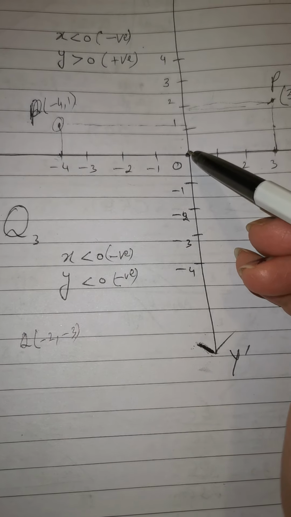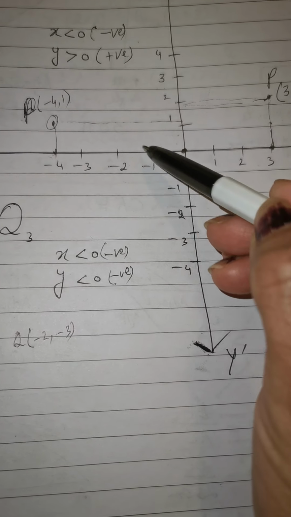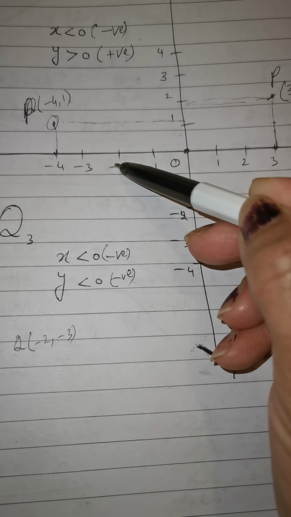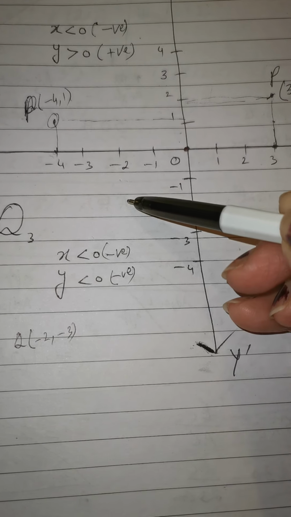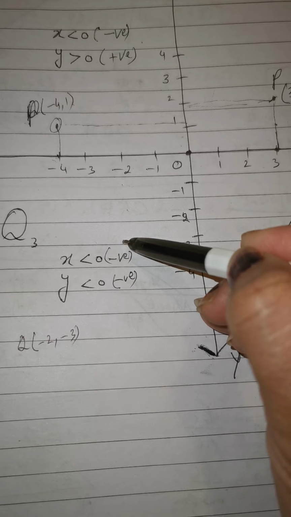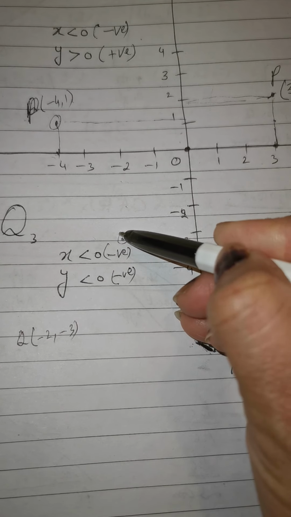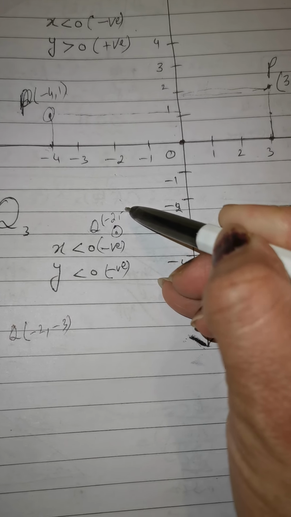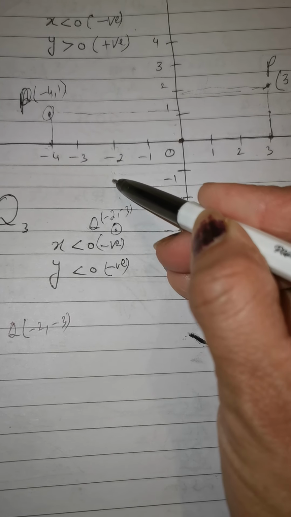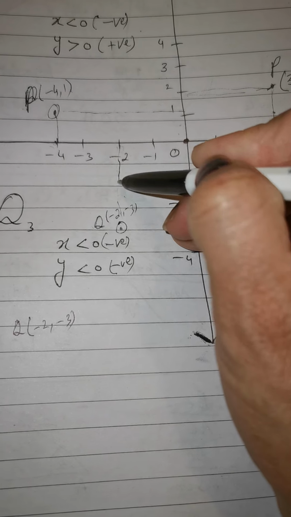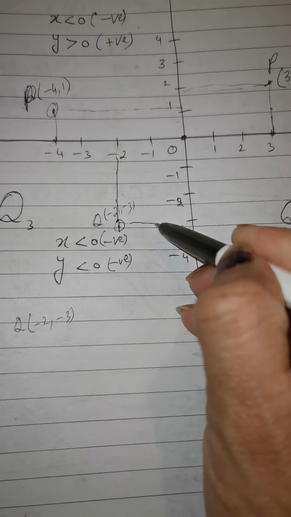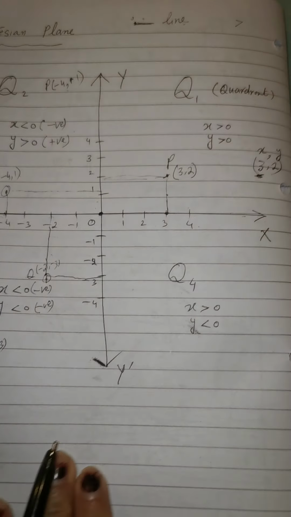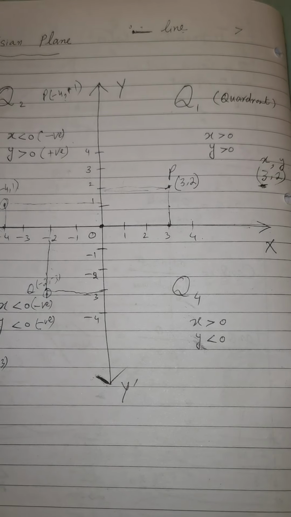So from 0 we will walk 2 steps towards the negative axis, minus 2, and then we go minus 1, minus 2 and minus 3. So this will be our point Q(-2, -3), and it will lie in the third quadrant. As you can see, both are negative here. Do you understand?